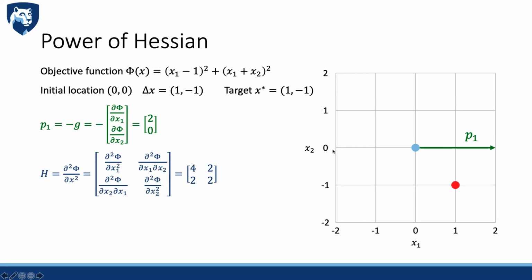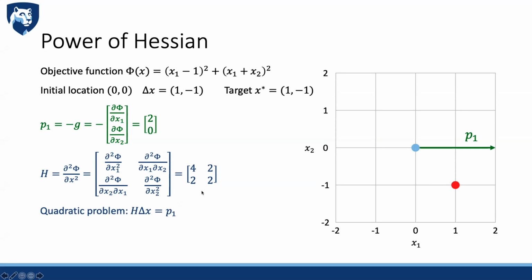So again, high on Mount Nittany, it seems a little bit short-sighted to only consider the steepness, namely the gradient right here. You might also want to incorporate the curvature of this mountain, indicated by the second derivative, namely the Hessian. In this case, the Hessian is a 2x2 matrix, [4, 2; 2, 2]. Note that for a quadratic problem, we have this relation, H delta x equals P1.